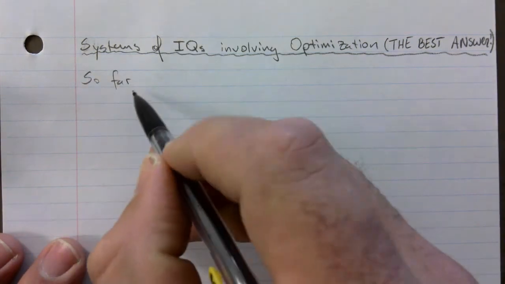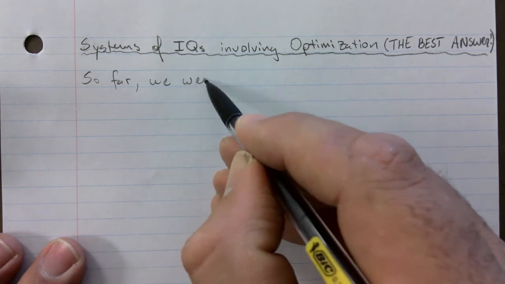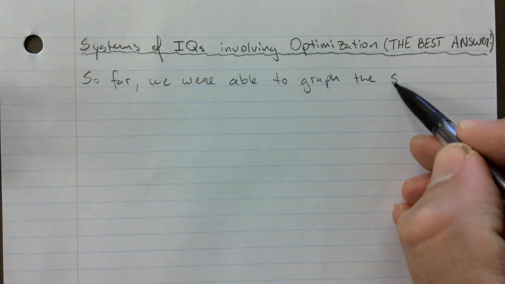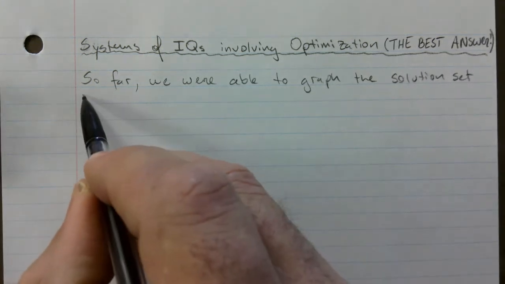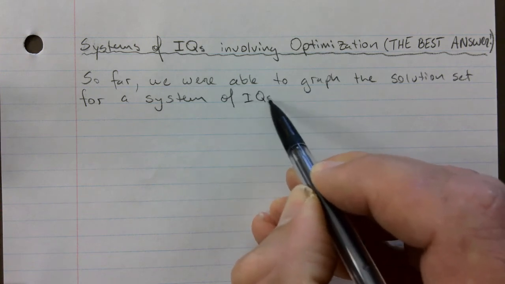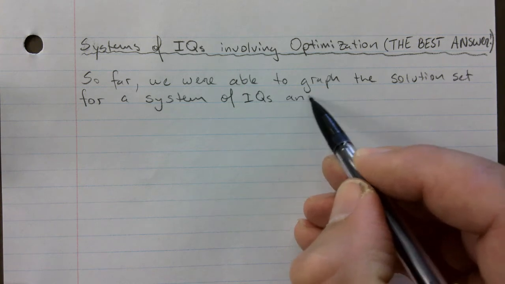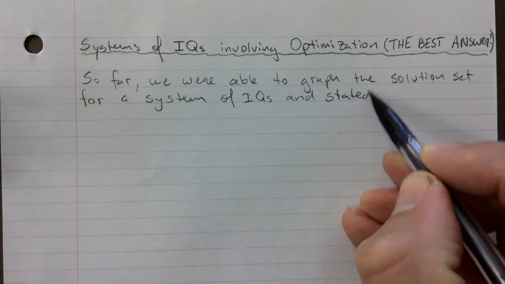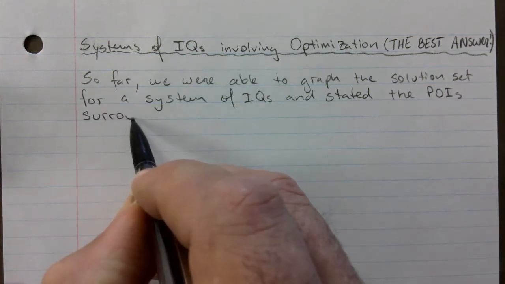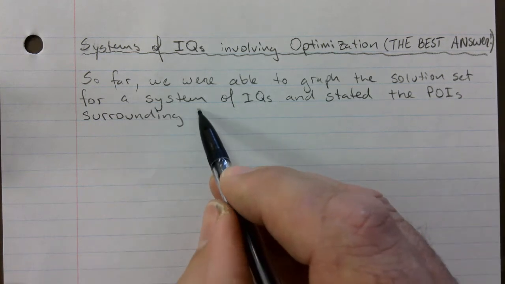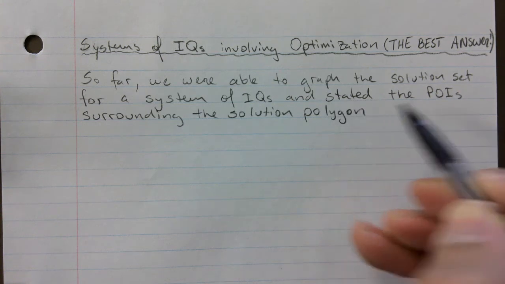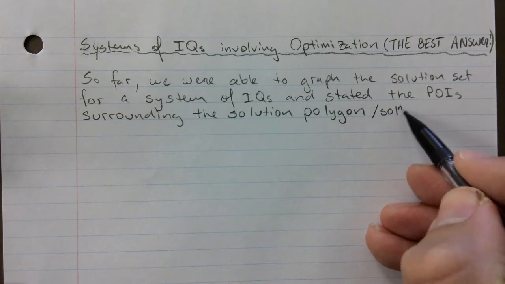So far, we were able to graph the solution set for a system of inequalities and state the points surrounding the solution polygon, slash, solution region.